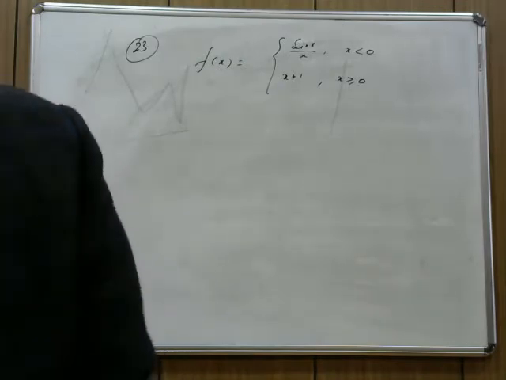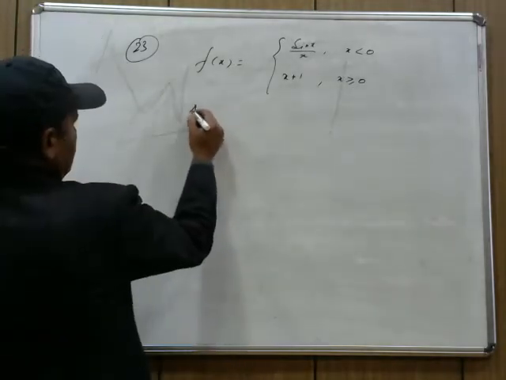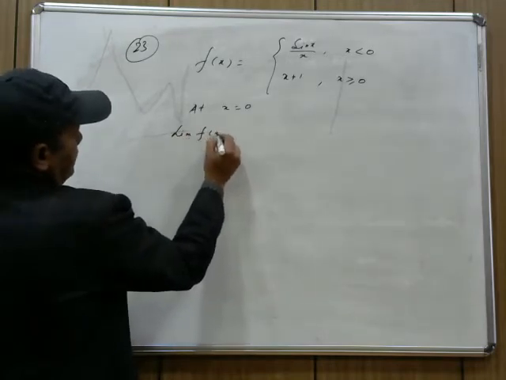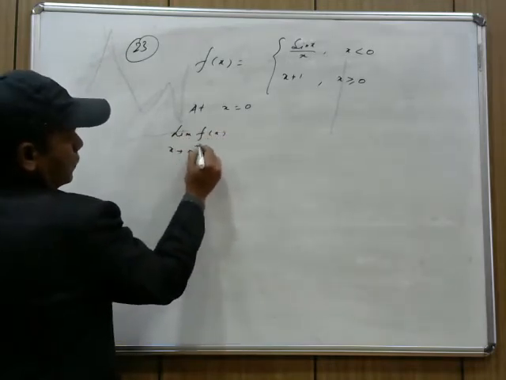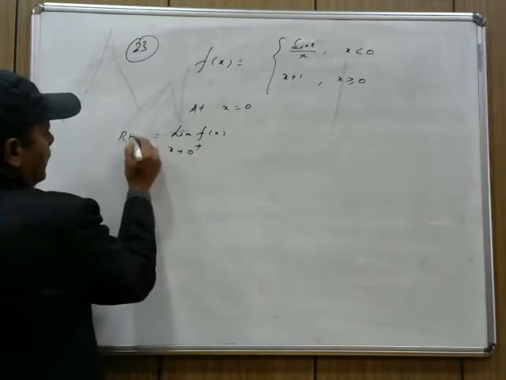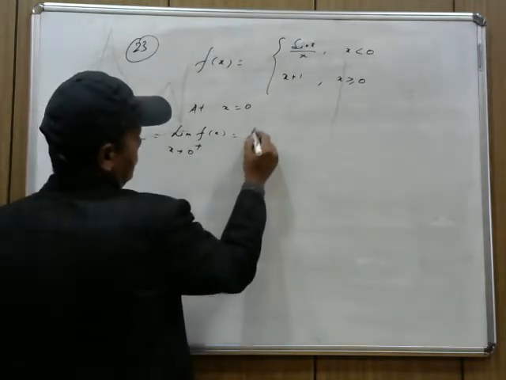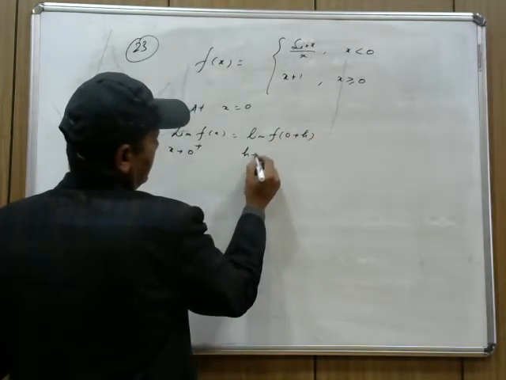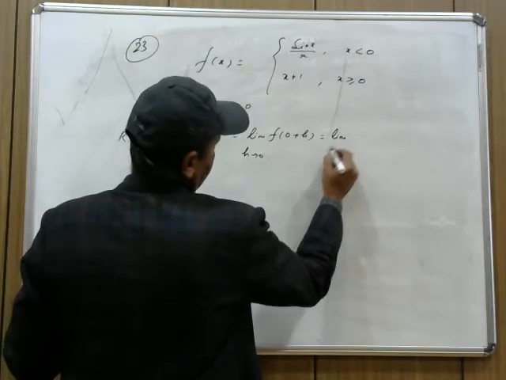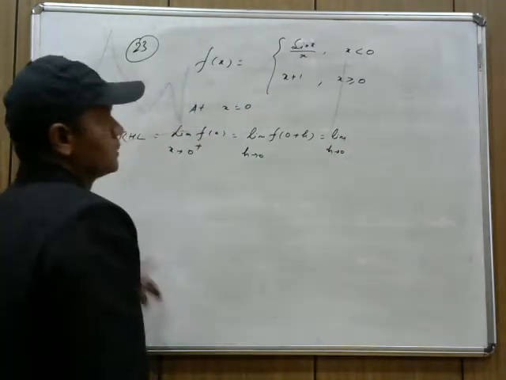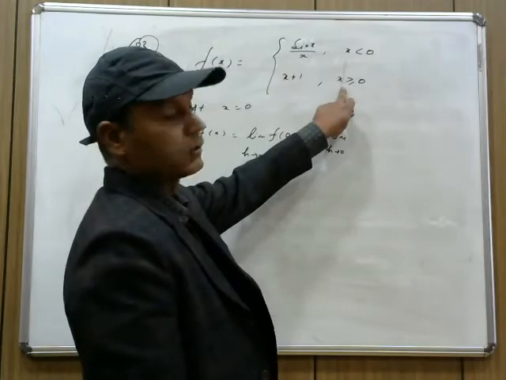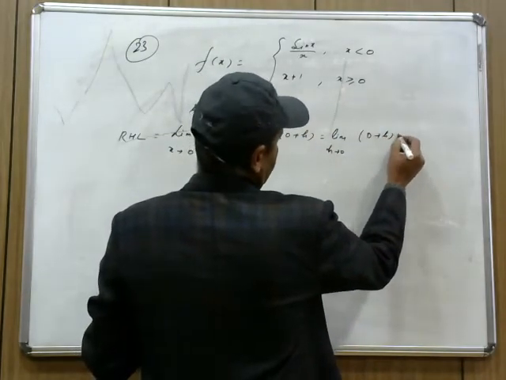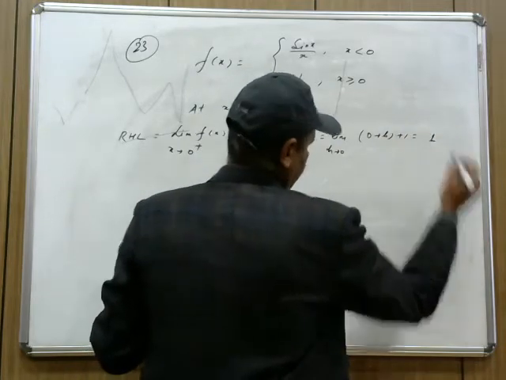Now, at x equal to 0, limit f of x as x tends to 0 plus, that is RHL, the right hand limit, is equal to limit f of 0 plus h as h tends to 0. For x greater than or equal to 0, it is x plus 1. That is 0 plus h plus 1, and that is equal to 1.